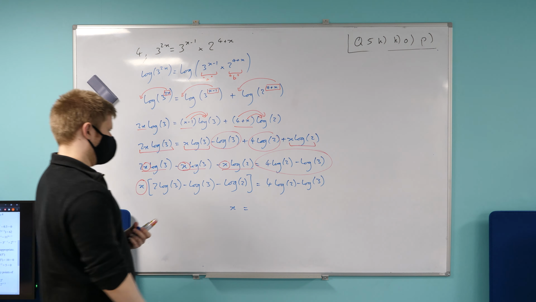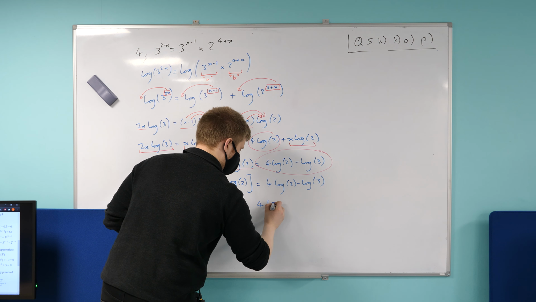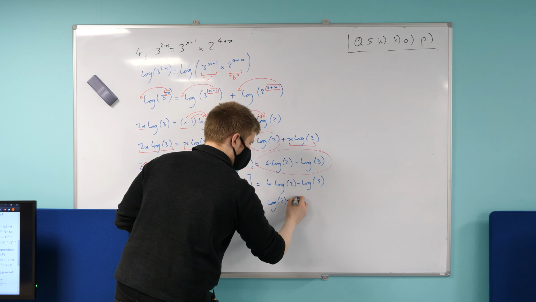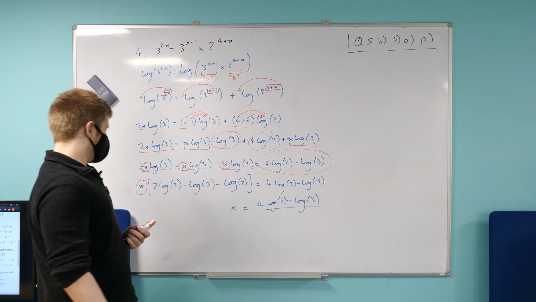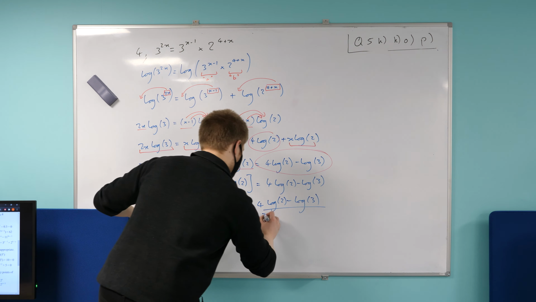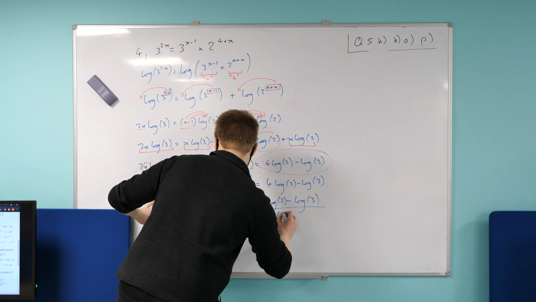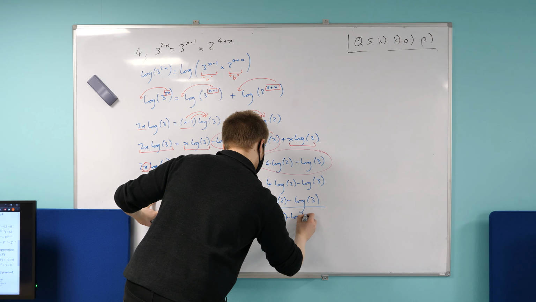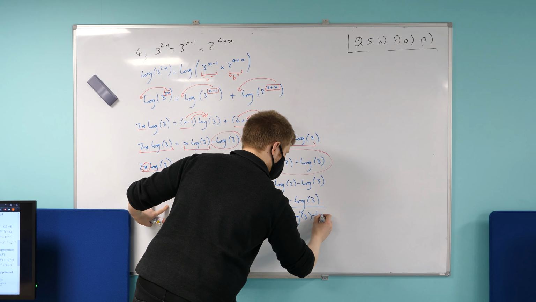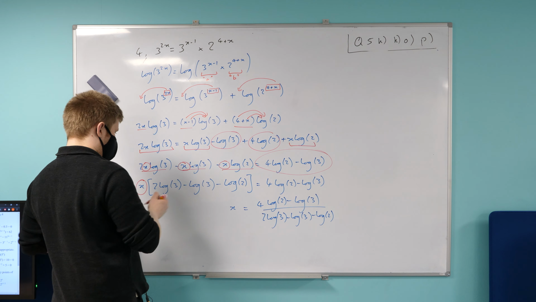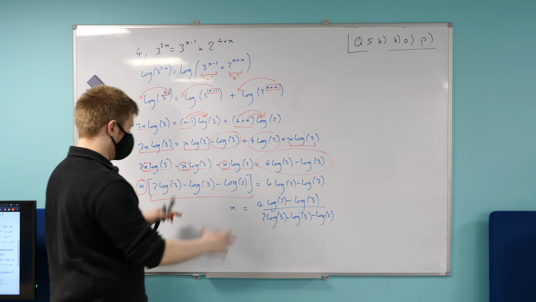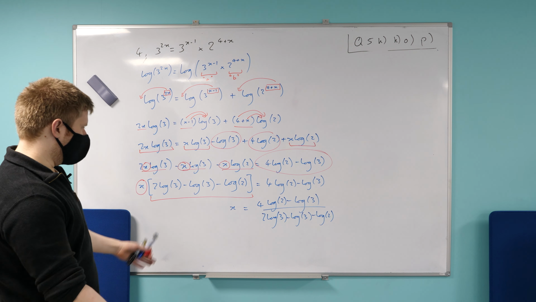4 log 2 minus log 3, divided by 2 log 3 minus log 3 minus log 2. Excellent. So in other words, you just said, look, I want the x on its own. x is being multiplied by a number. It's a horrible number. It's got logarithms and stuff in. Still a number.